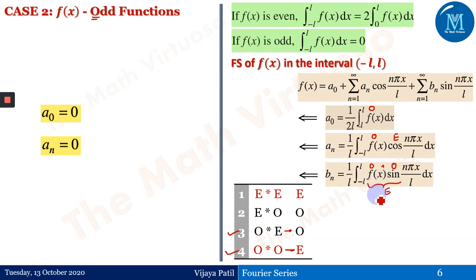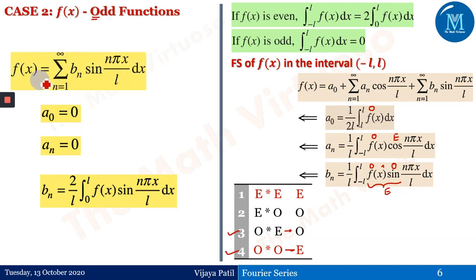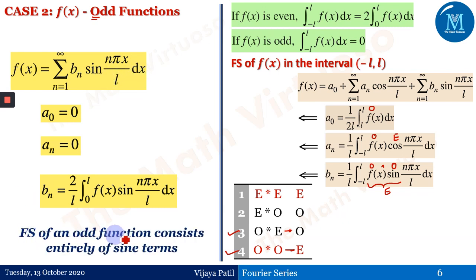If this is an even function, the integration from minus L to L becomes 2 times the integration from 0 to L. Therefore bn becomes 2 by L integration from 0 to L f of x sine of n pi x by L dx, and therefore f of x equals summation of bn sine of n pi x by L. Therefore the Fourier series of an odd function consists of only sine terms. We have got only sine terms over here.